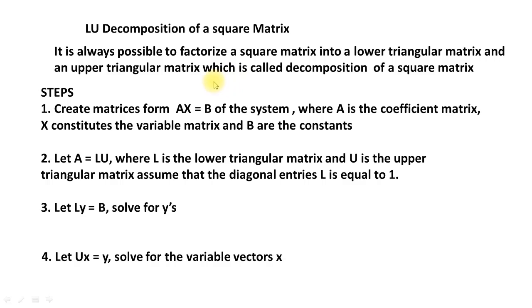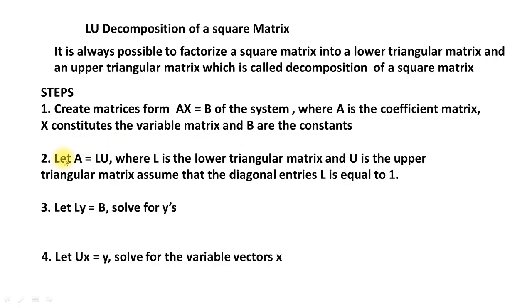For the solution of a system of linear equations by the LU decomposition method, the procedure steps are as follows. First of all, write the system of equations in matrix form AX = B, where A is the coefficient matrix, X constitutes the variable matrix, and B is the constants.